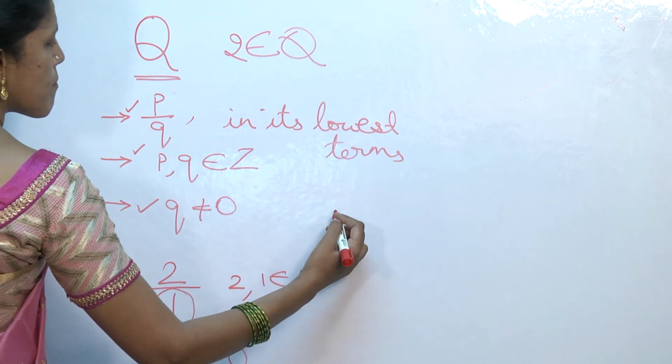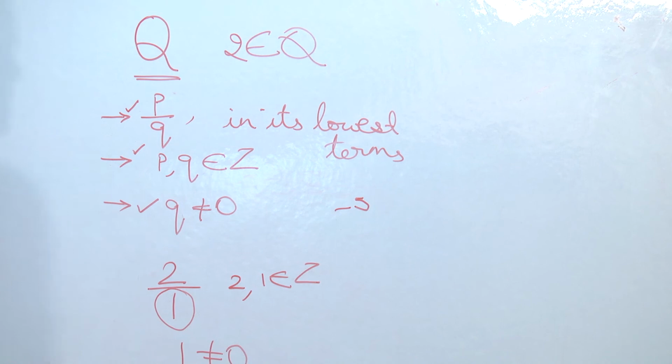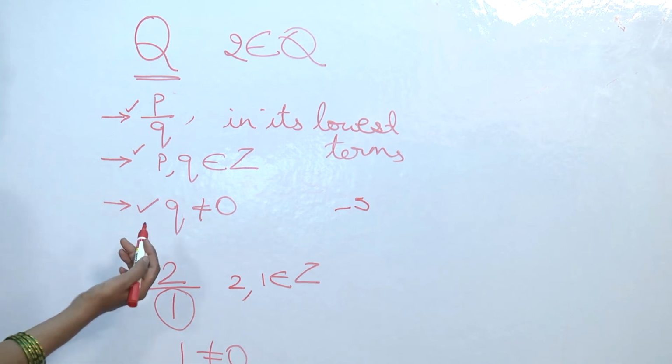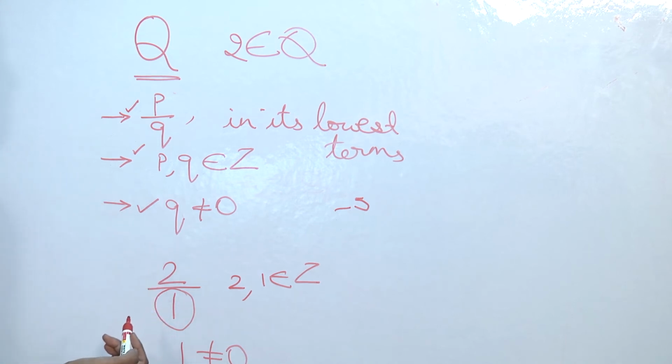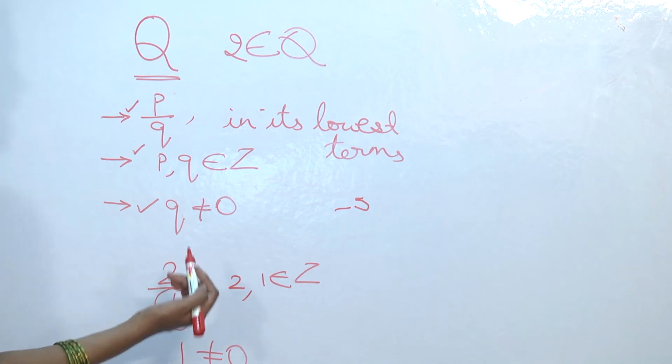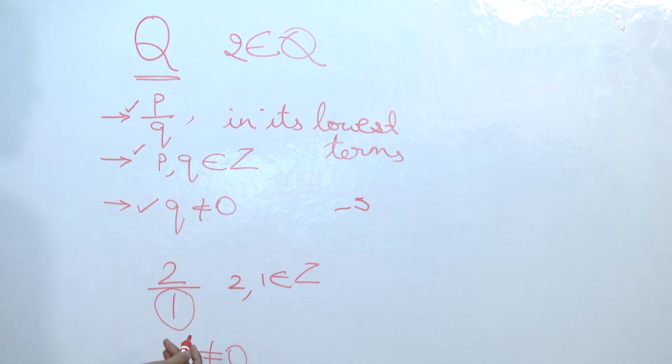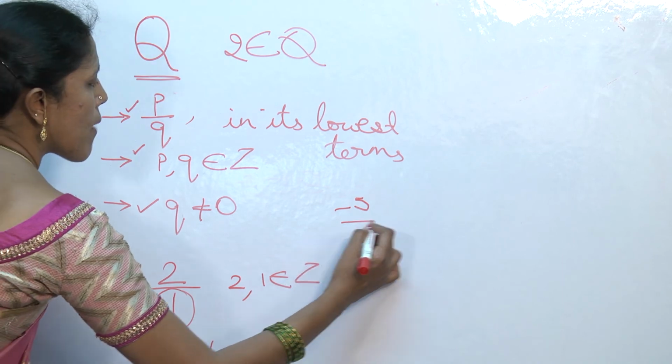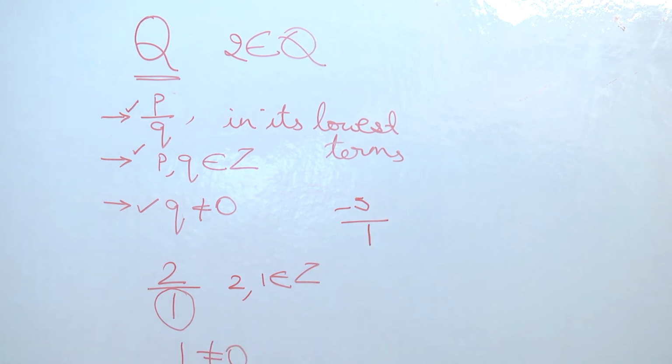How about minus 5? We are sure that it is an integer. Does it belong to the set of rational numbers? Let us consider all three conditions. The first condition is that it should be written in the form of a fraction. Can I write minus 5 in the form of a fraction? Yes, of course. Minus 5 can be written as minus 5 by 1. So the first condition is satisfied.